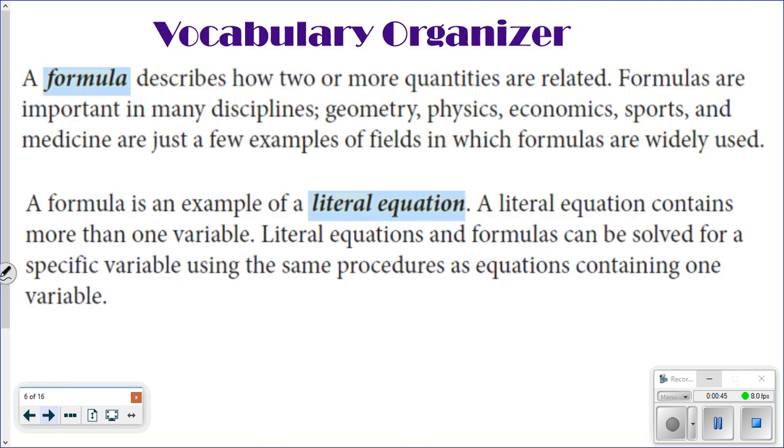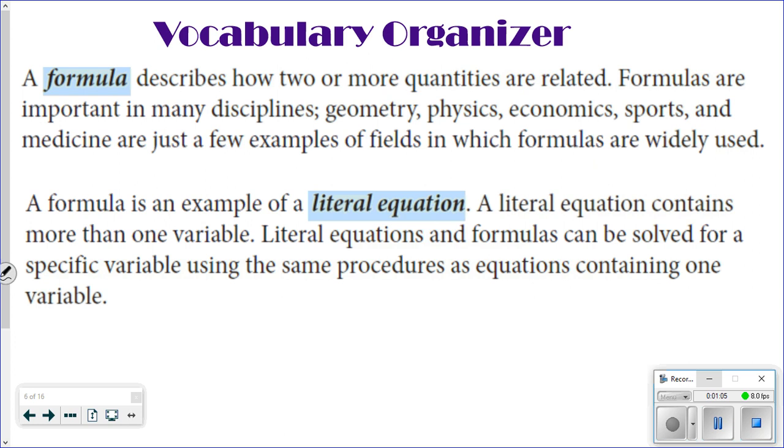You might not know what a formula or a literal equation is, so please go ahead and take the time to read these two paragraphs that are on your screen or that are in your book. Formulas are used in a lot of different areas of our life.